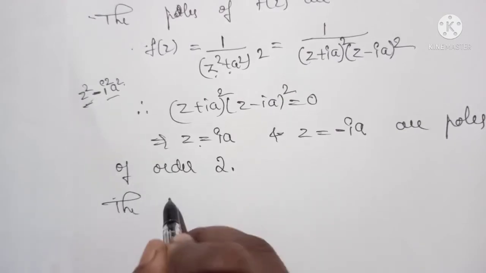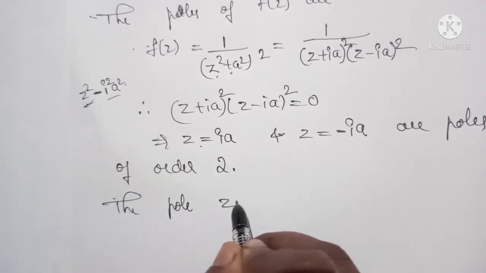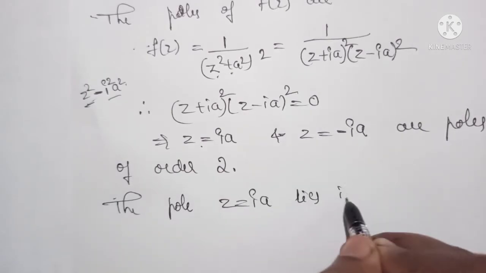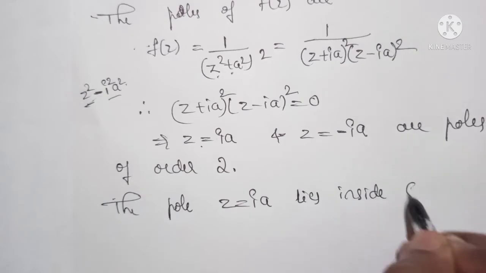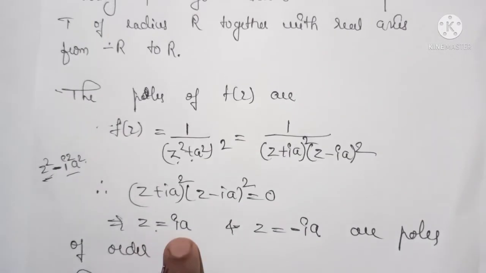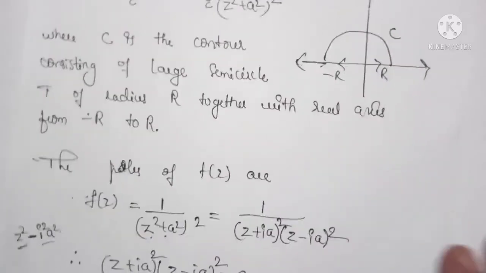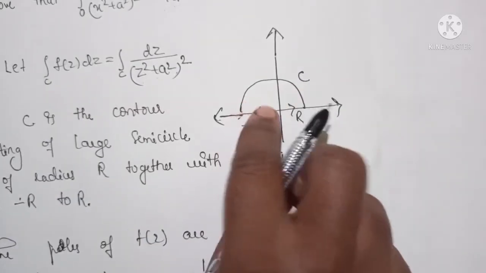The pole z equals ia lies inside C because it lies in the upper half of the circle, but z equals minus ia lies in the lower half, which lies outside the circle because it is a semicircle.